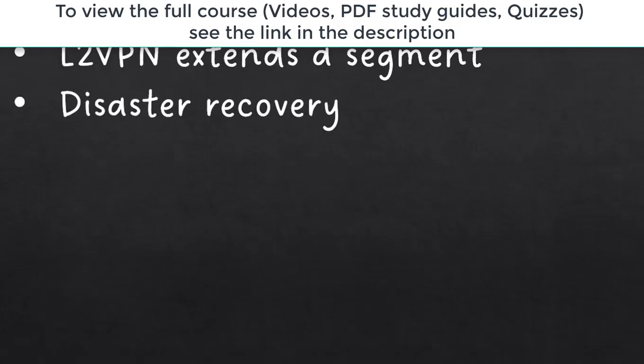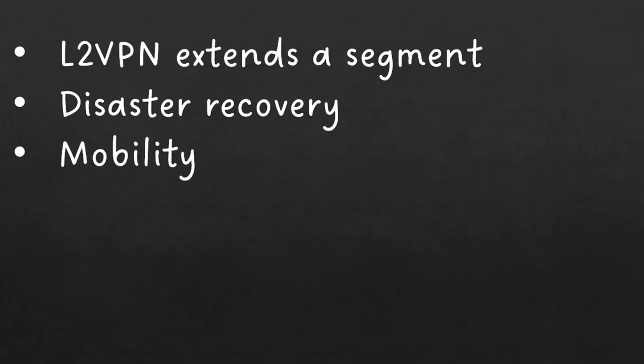And this can be really useful for certain applications, including disaster recovery, where we need the ability to restore workloads at a different location and we don't want to change all of our IP addresses. Or mobility, if I want to take a virtual machine that's running in one physical location and move it to another, again, without changing the IP address of that virtual machine.